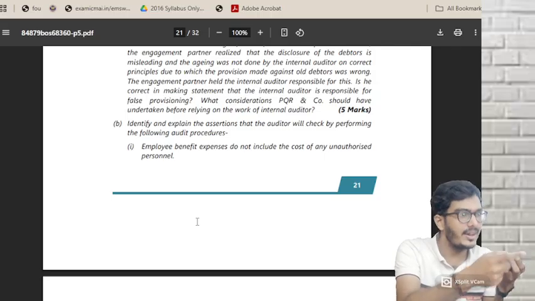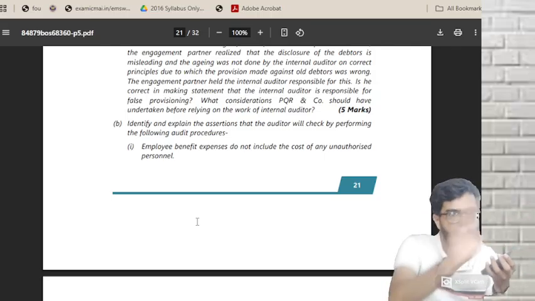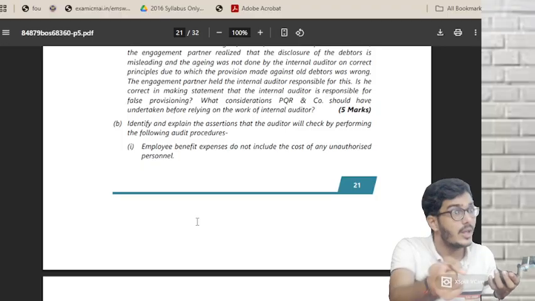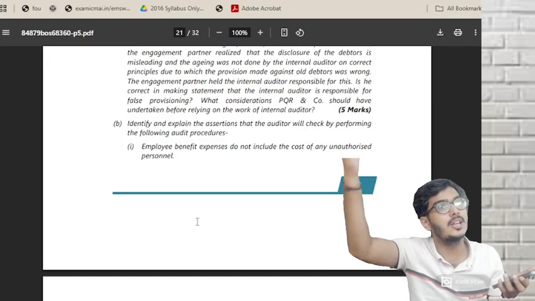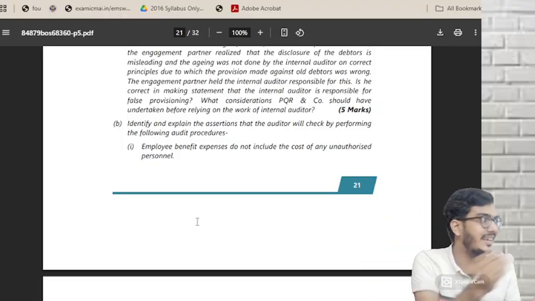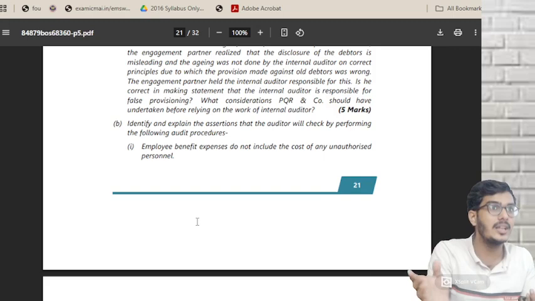Occurrence and accuracy? Understand the meaning: if they had stopped at something related to cost or value, you would have written accuracy. But they say unauthorized person, an employee not of our company, yet the employee benefit expense includes that also. So it is occurrence. Only those which have occurred should be recorded in our entity.